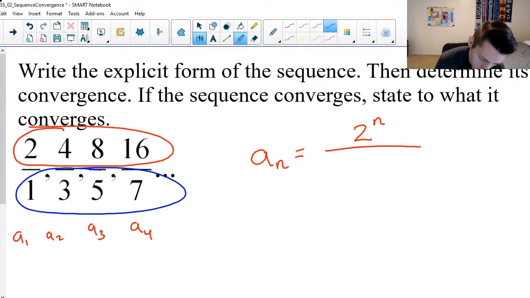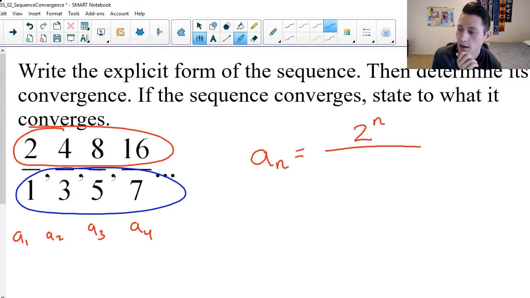So typically for odd numbers, what do we know about even numbers? Even numbers are always divisible by 2. So if an even number is always divisible by 2, then an odd number will always be one off from that, right?